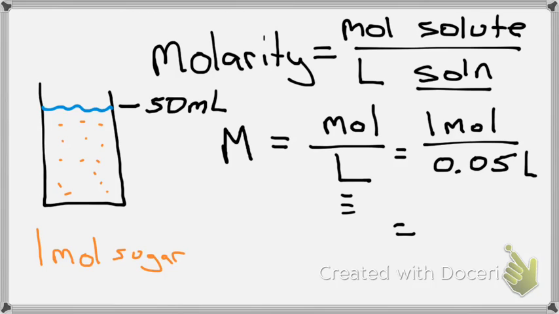I'm so calculator dependent. If you do that, you're going to come up with a 20 molar solution. Okay, so 20 M, with a capital L. All right, that's pretty concentrated. So that's molarity. Pretty simple.